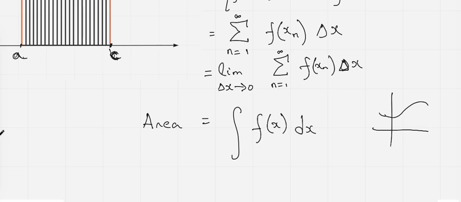So I need to find a specific area bounded by this interval on the x-axis, right? So this is the upper and lower bound of the integral, and I just write it like that. I hope till here the concept is clear of how you find the area under the curve with the help of integration.